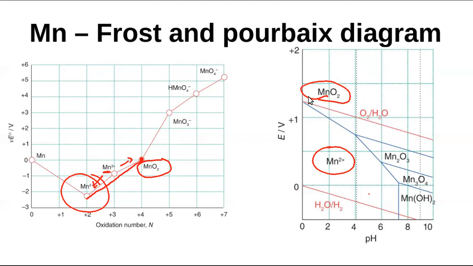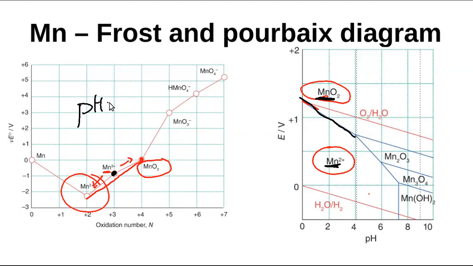Manganese 2 plus is not present here in the Pourbaix diagram because the Pourbaix diagram only illustrates stable species in the aqueous environment, while the Frost diagram illustrates even more species, also those that are not stable but that decompose. And that is, of course, a nice thing.